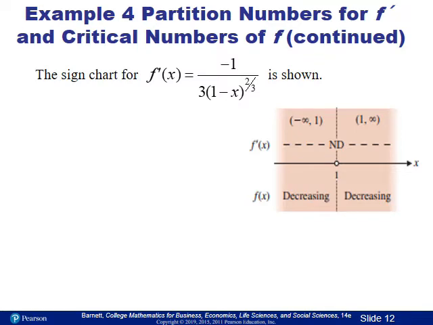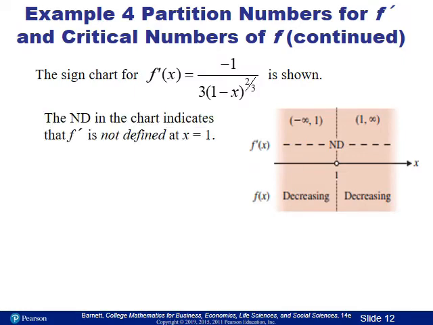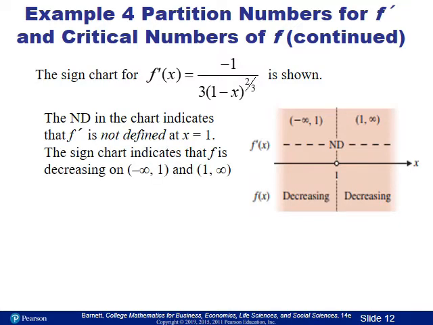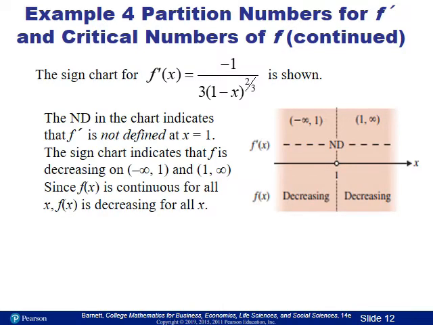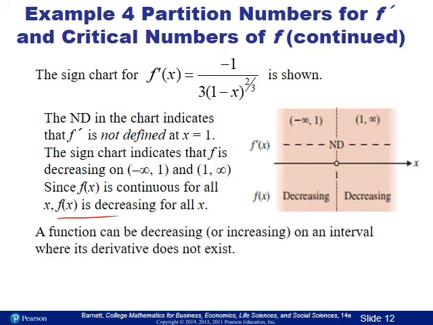You can see here in the sign chart, you can choose any number for x before 1 and after 1, it is negative, so it is a decreasing function. The sign chart indicates that f dash is not defined at x equals 1, and that f is decreasing on minus infinity to 1 and also on 1 to infinity. Since f of x is continuous, f of x is decreasing for all x.